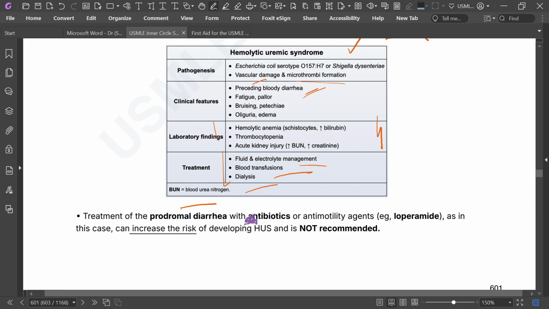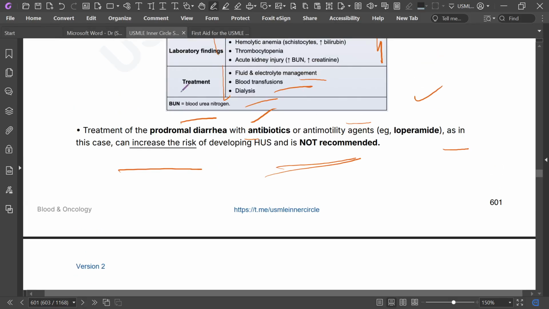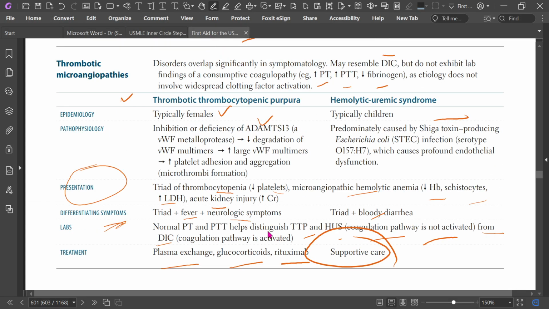Treatment of prodromal diarrhea with antibiotics and anti-motility agents can increase the risk of developing HUS and is not recommended. So antibiotics and anti-motility drugs are not recommended in hemolytic uremic syndrome.